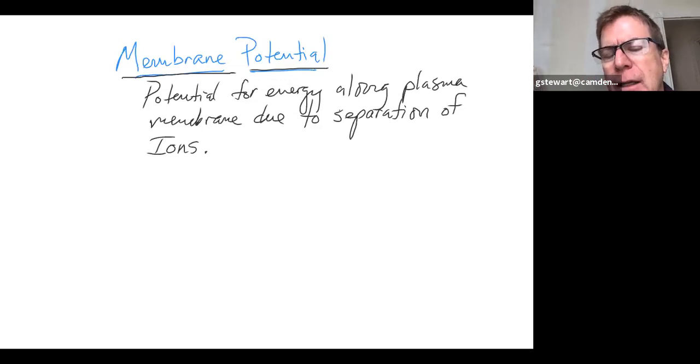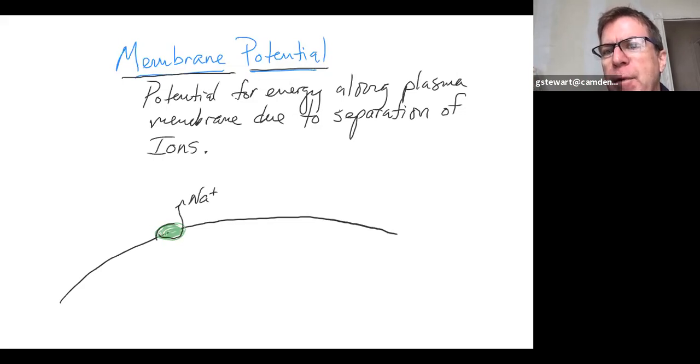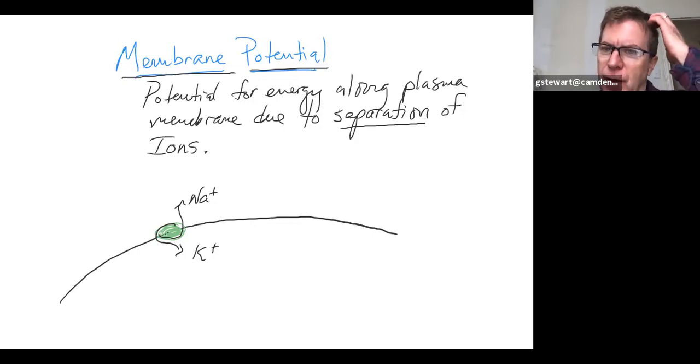A quick, easy explanation of that is going back to our active transport, our sodium-potassium pump. So let me use that as an example since I've already described it to you. Here's our sodium-potassium pump. It literally uses ATP to keep pumping sodium out here and potassium in here. So what we are doing is separating sodium from potassium, and because sodium is much more positively charged than potassium, we've created a more positive environment out here than in here.